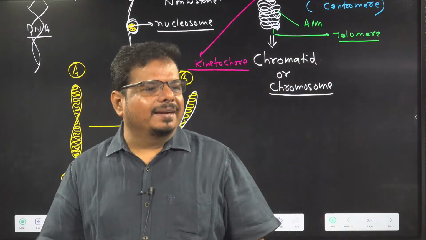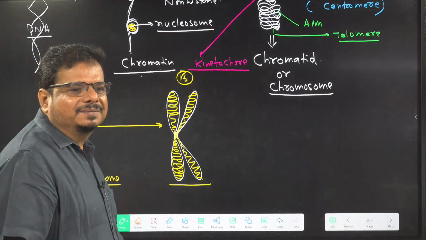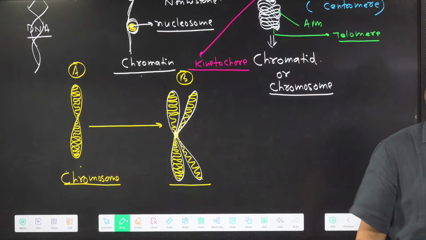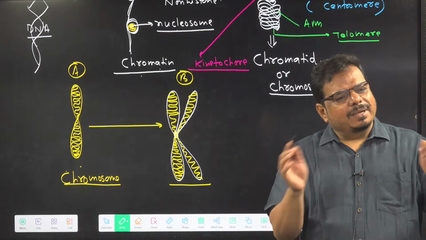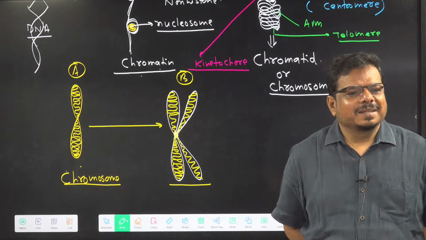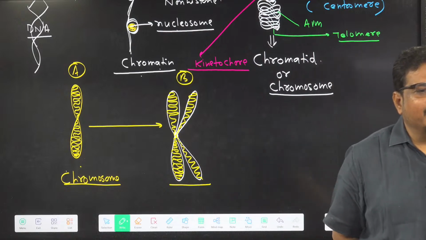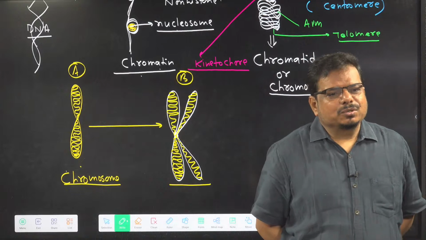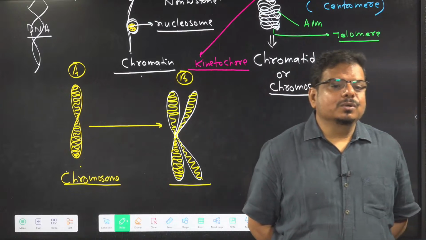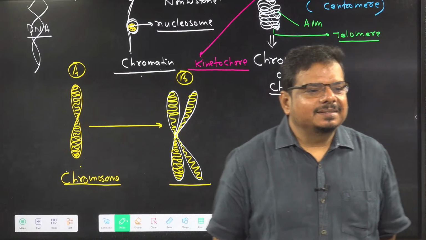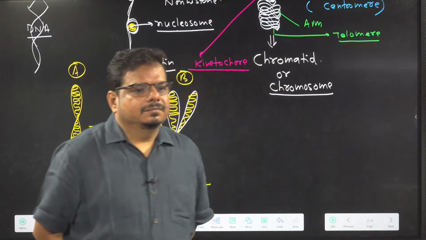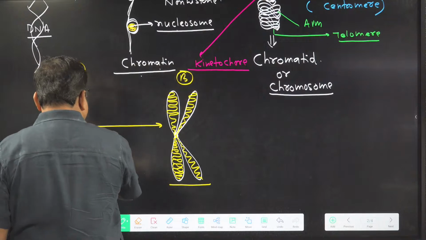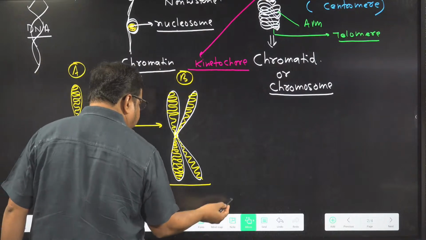And in B diagram, how many chromosomes are there? In B diagram also one is there. Mostly people write B also as one chromosome. Some students write no, in B two chromosomes are there. So in both A and B diagram, the number of chromosomes is 1.